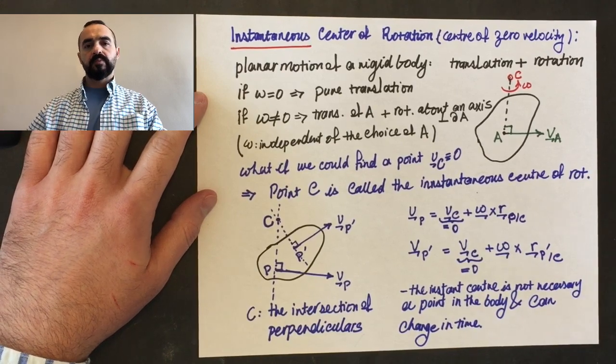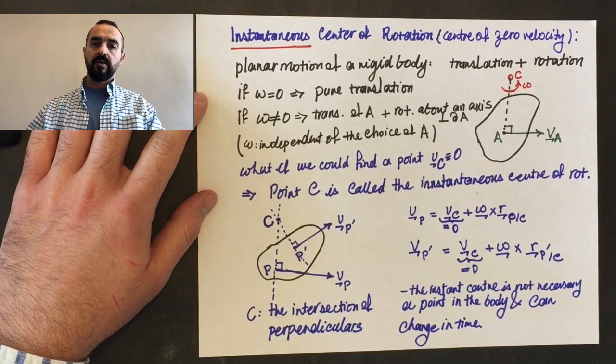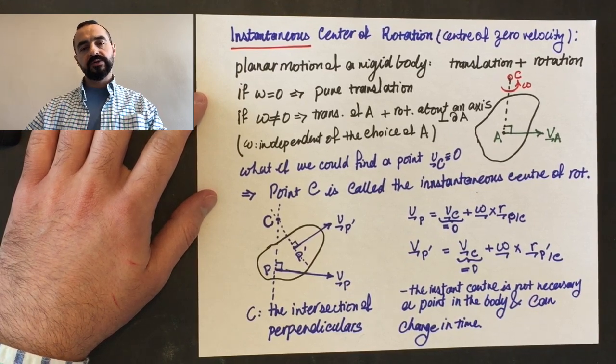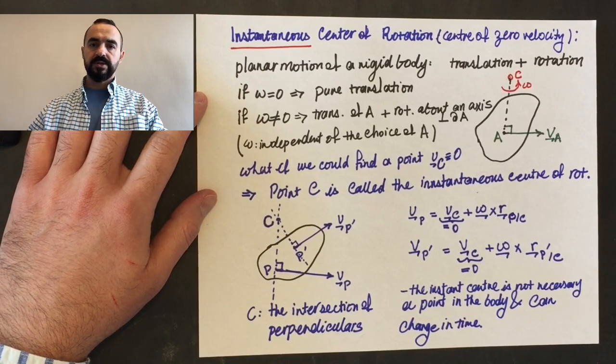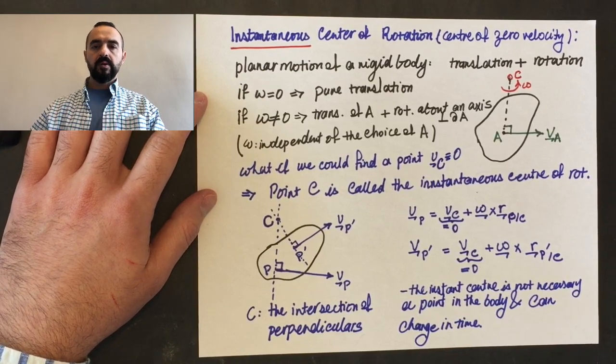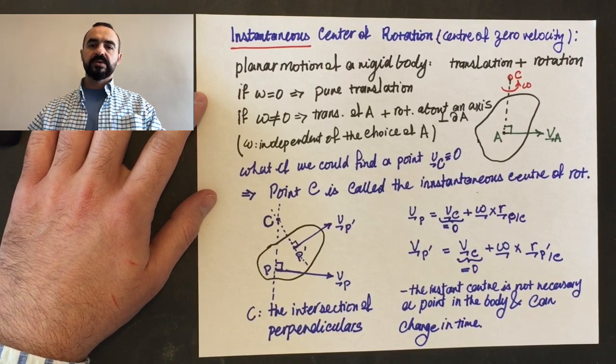We have talked about planar motion of rigid bodies. We said that in its most general form, the planar motion of a rigid body is composed of a translation and a rotation. Then we also said that we can describe the motion of a rigid body with respect to any point in this rigid body.